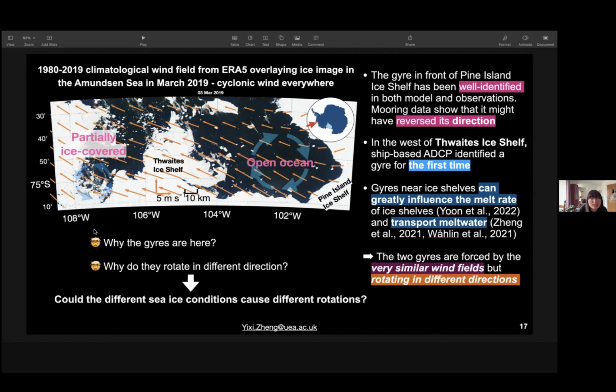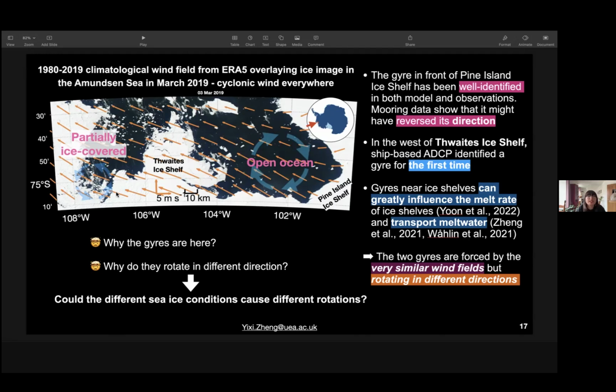Then we start thinking that when we are looking at this map, something that we notice immediately is that this gyre is pretty much in an open ocean region, and this region is pretty much always open ocean in summertime, while this gyre is located in a partially ice-covered place, and this place has been historically ice-covered for most of the time. So then we start thinking that probably this different sea ice condition is causing the different rotation.